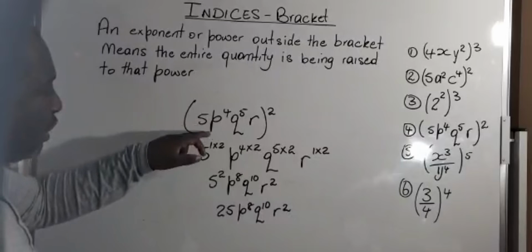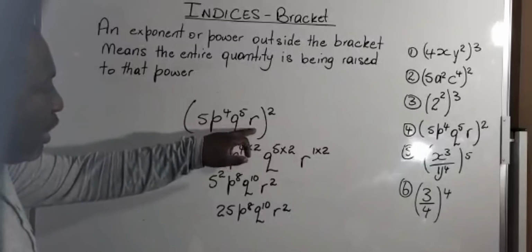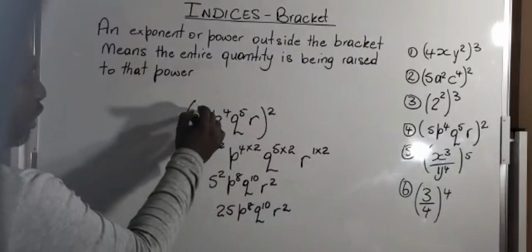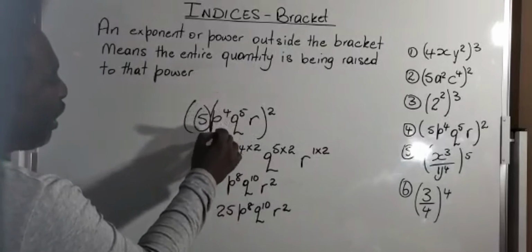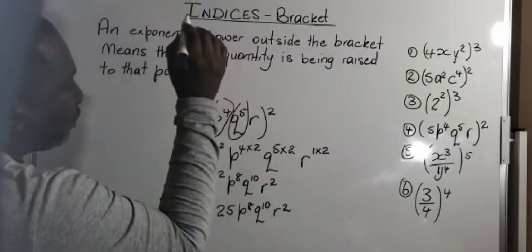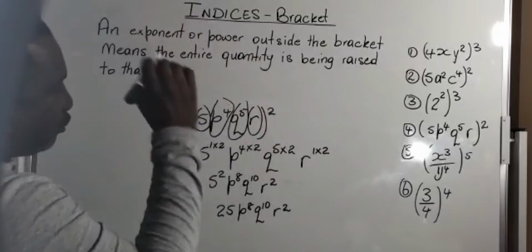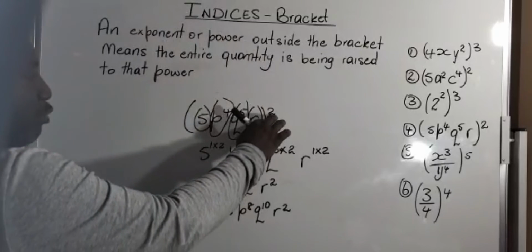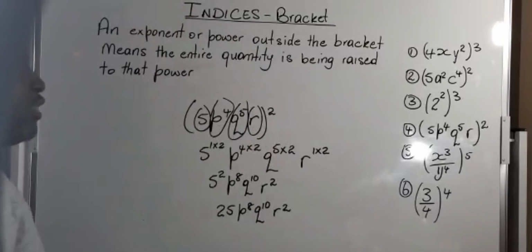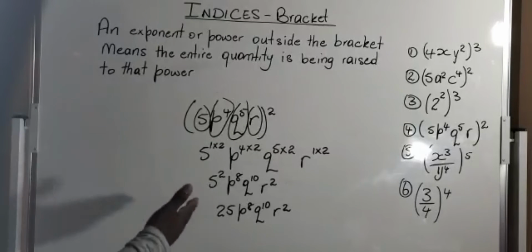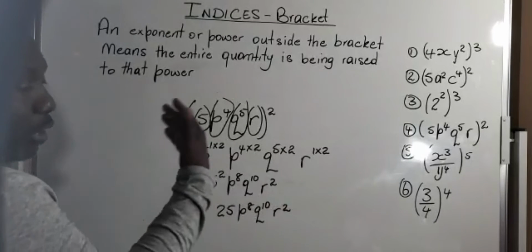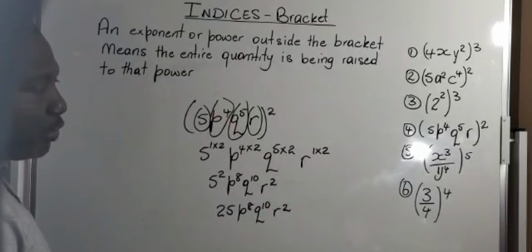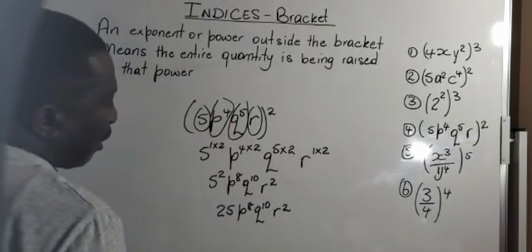So all the quantities within the bracket will be raised. We are looking at 5, P to the 4th, Q to the 5th, and R, which is R to the 1st, all being raised to the power of 2, that is outside of the bracket. I do hope that you get this example and you are working with me as we proceed through these problems.